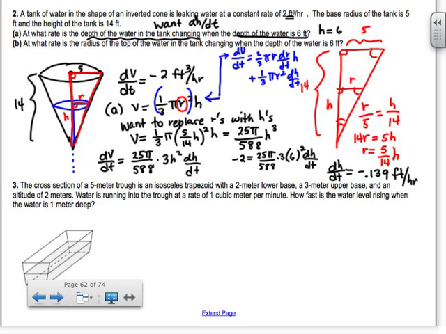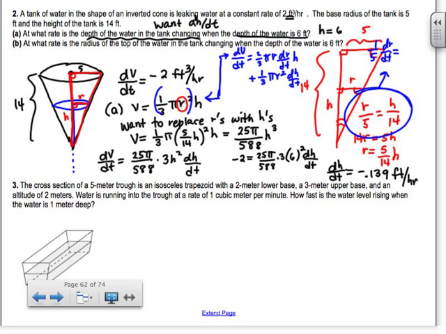Okay, so let's say you did that. So when you're trying to solve the problem and you realize that you didn't have dr over dt, that can actually be fixed. So if you made a mistake and then you found that you didn't have dr over dt, look at your proportion that you set up from your similar triangles.